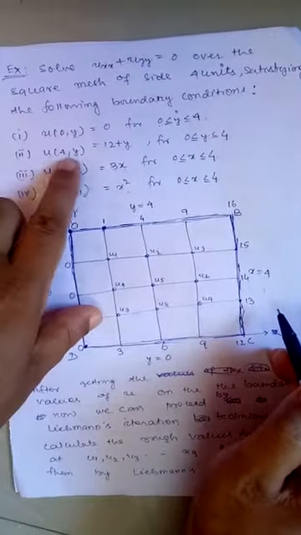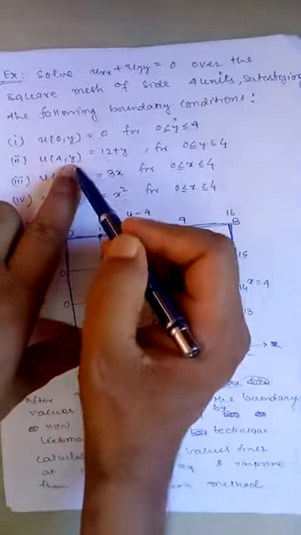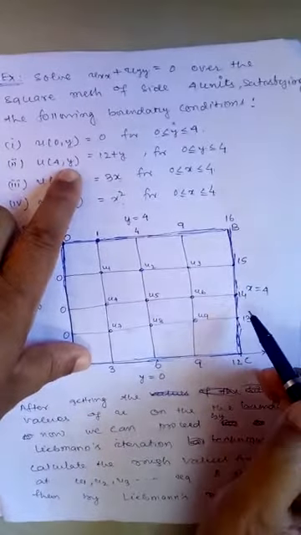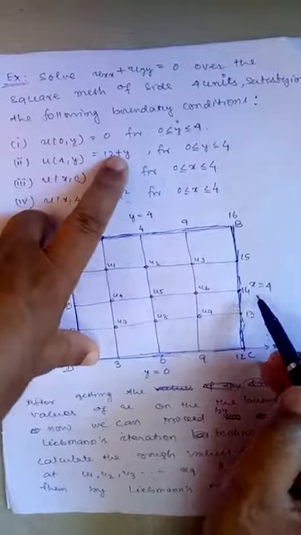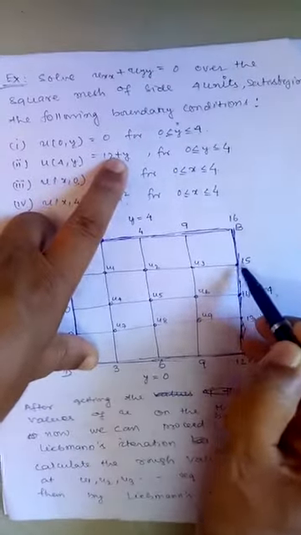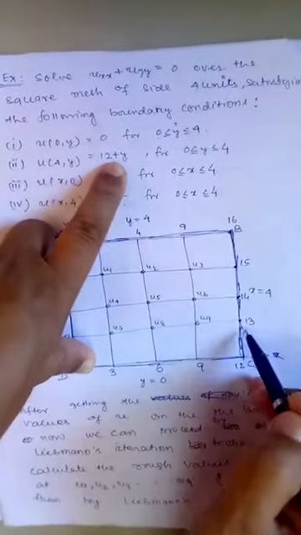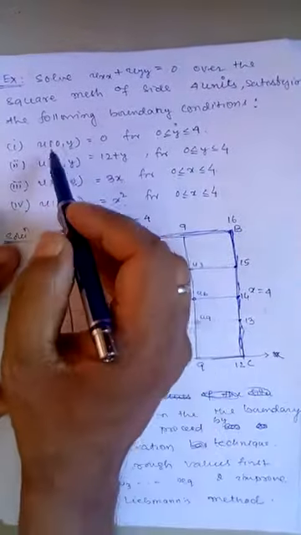Now if I take y equal to 2, u of 4 comma 2 will be 12 plus 2, 14. If I take y equal to 3, I will get 12 plus 3, 15. If I take y equal to 4, 12 plus 4 will be 16. So these are the boundary values corresponding to x.